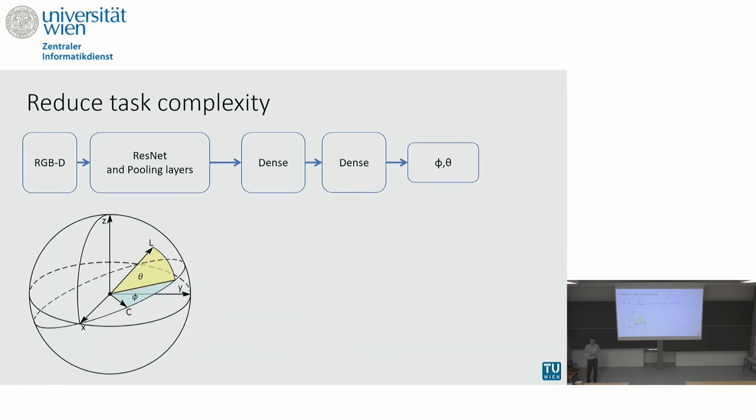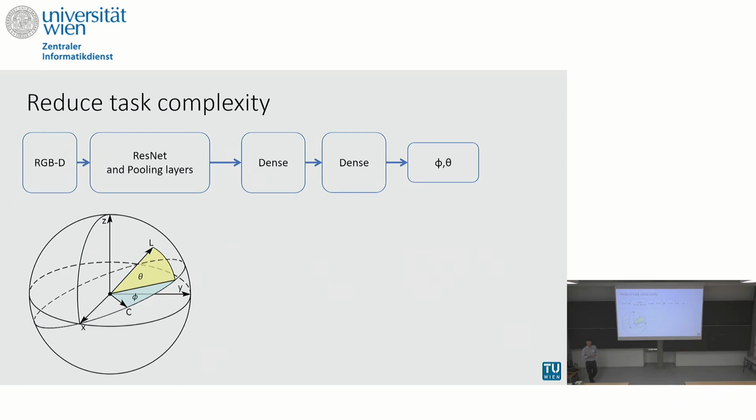We need to make the problem much, much simpler and simply estimate the light direction in the coordinates of the camera. So if we have our camera image, we should not care at all about the global frame, how the camera is rotated, but just have the light direction estimated relative to the camera orientation.